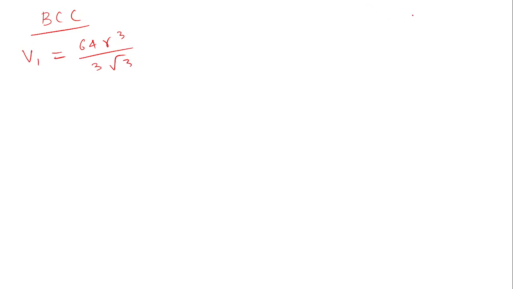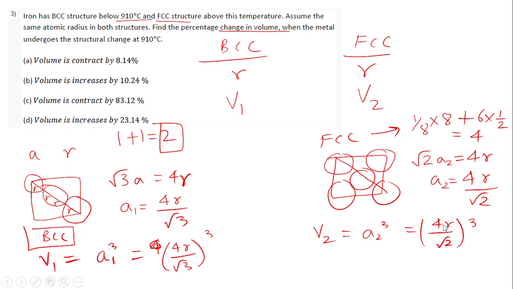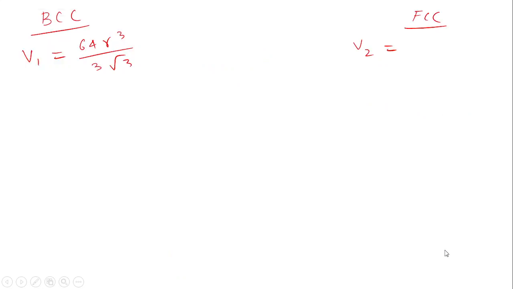For FCC, V2 will be cube of 4, 64 R cube divided by 2 root 2. But this has 2 atoms, this has 4 atoms.